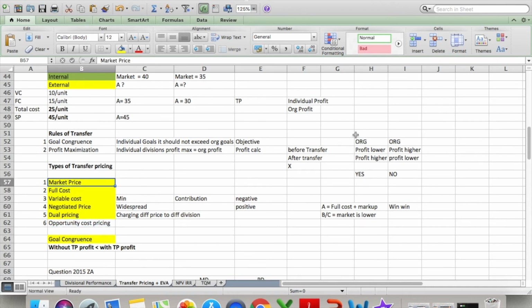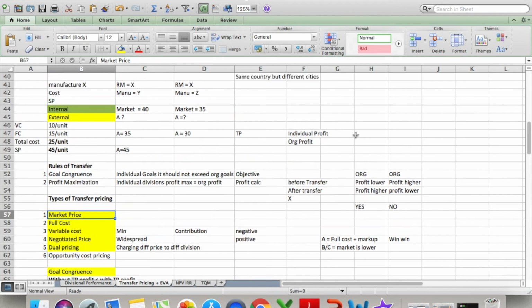The first kind of transfer pricing is transferring at market price. What is the market price? The market price of A. So all these transfer prices are written down in terms of A, not in terms of B or C, because A is the division that is actually manufacturing it and transferring it.